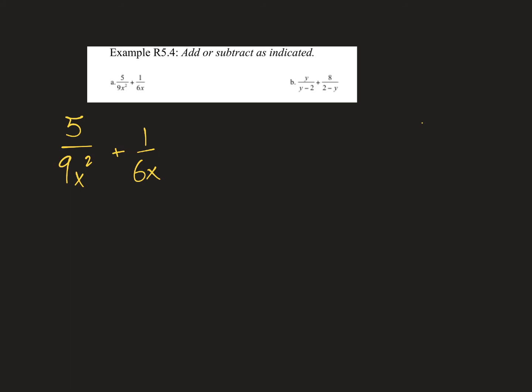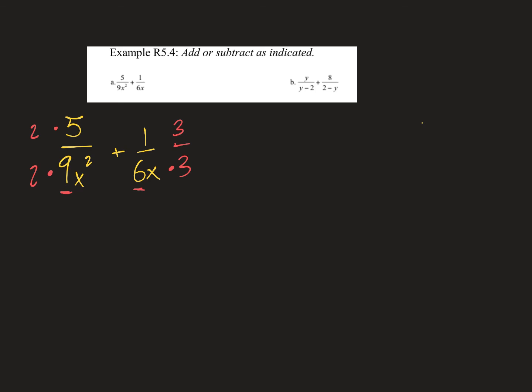So first we need to figure out what common multiple can we get of 9 and 6. And we want, of course, the least one so that we don't have to reduce excessively at the end. So 9 and 6 can both become 18. How? Well, I can multiply 9 by 2. So I'm going to do 2 on top and bottom here. And 6 by 3. So we'll do 3 on top and bottom here.